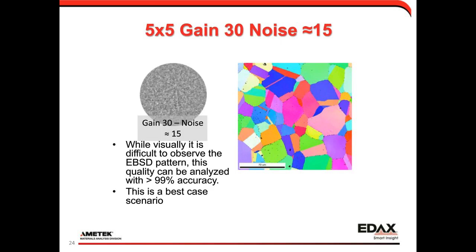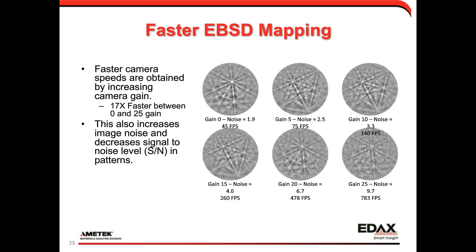Look at this pattern. Can you see lines on this pattern? You can see the basic zone axis here, but the secondary lines, go back to the previous slide. As a human, we can see these lines on our gain 25 one.